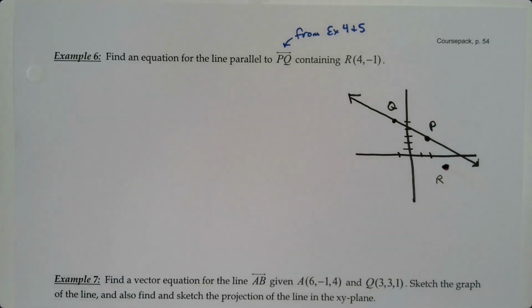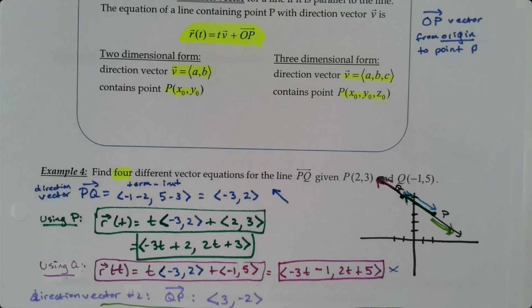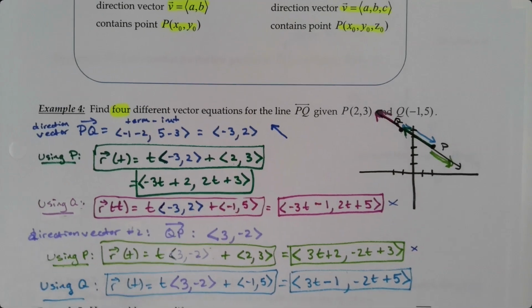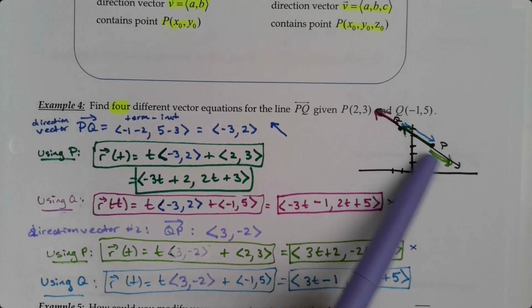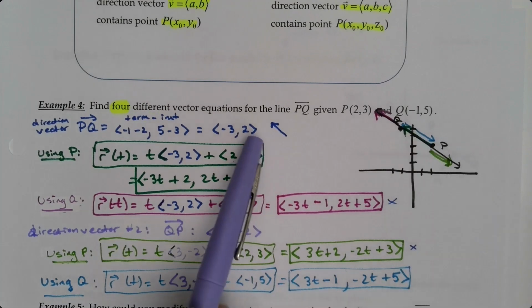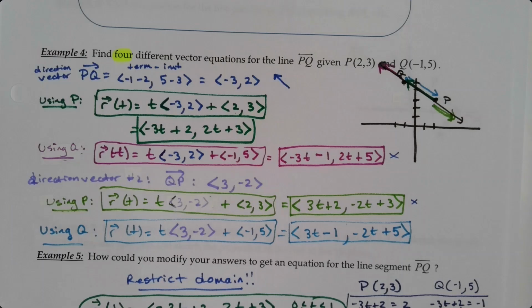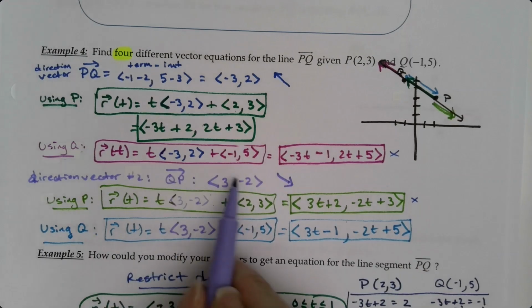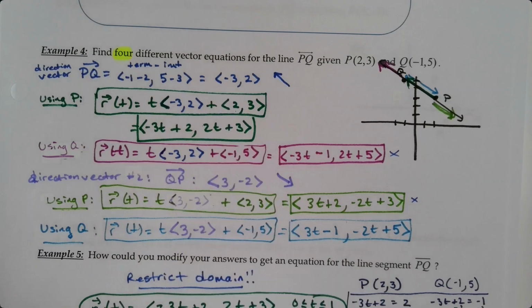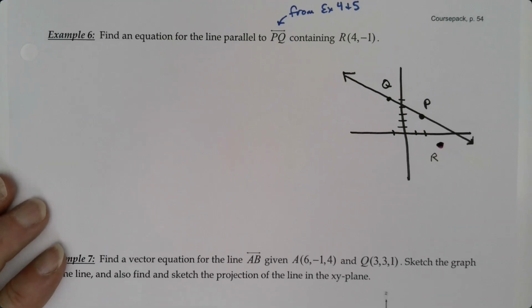Now if you think about this, we had two direction vectors pointing in opposite directions of each other, but along that same line. So we have one pointing that way, kind of downward, and one pointing back. This particular one was pointing downward, the (3, -2), and that one was pointing upward. So we could write the equation of this line using either one.